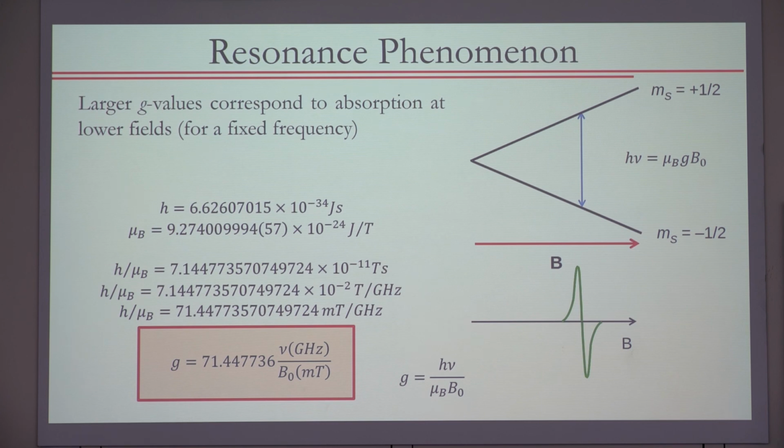This is already done by the programs: you just pick the g scale and it will do this transformation. But this is an inverse scale. So larger fields in that direction mean lower g values.